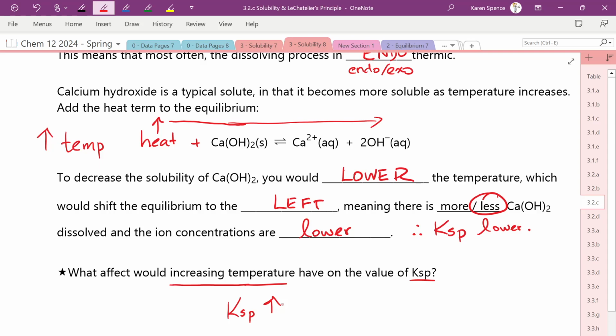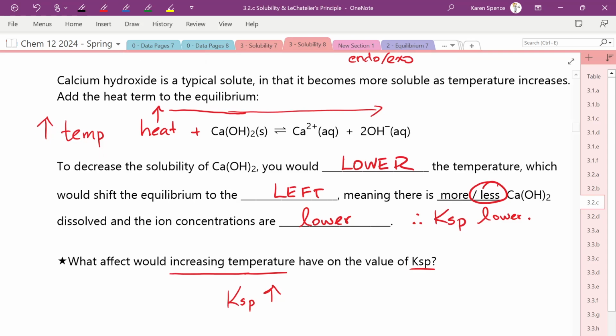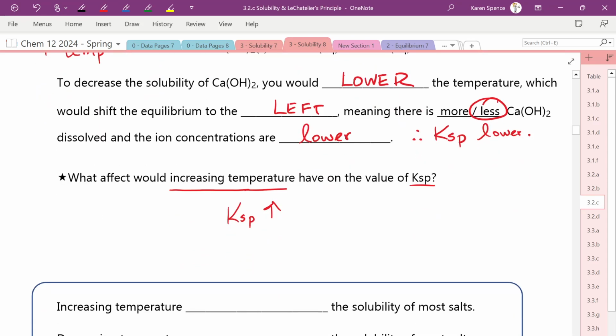Unless someone throws a heat term on the product side or they tell you it's exothermic. You can assume dissolving is endothermic unless told otherwise.